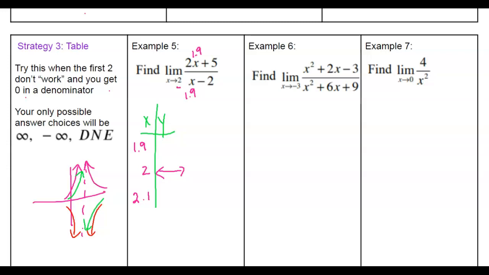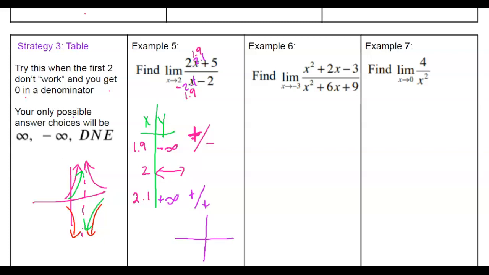So I would have a positive and a positive on top. And then on bottom, I'd have 1.9 minus 2. That would give me a negative. And so we're going to go to negative infinity. Our graph would be going down to the left. And then the same thing, what if I plug in 2.1? I'd have a positive on top and a positive on bottom, and so that graph would be going up.